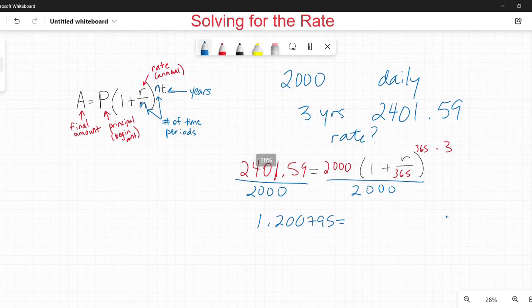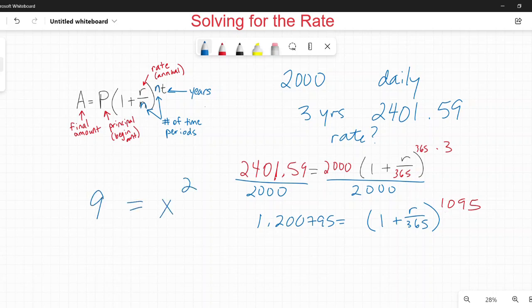On the right side, I have 1 plus r over 365 to the power of 365 times 3. I'm going to multiply that. 365 times 3 is 1,095. Now this looks very extreme, but this is very similar, in the same style, same way of solving it, as if I said 9 equals x squared.